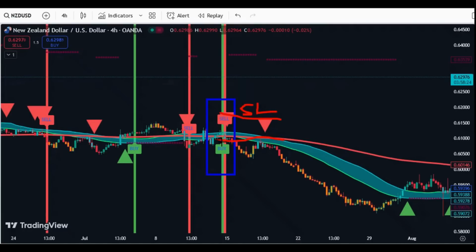At the close of this candle, you open your sell trade, and your stop loss should be at this very particular point, above the arrow. Then you make sure that you put your take profit at the initial 1:2.